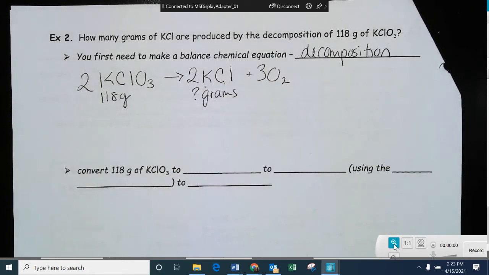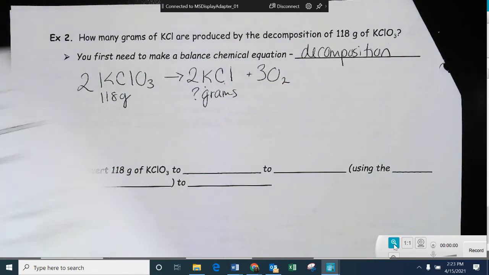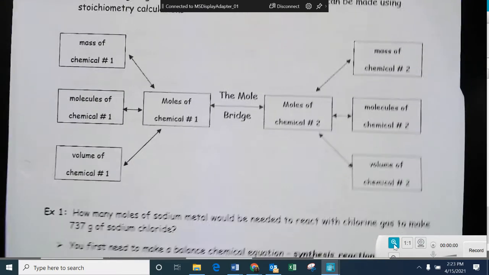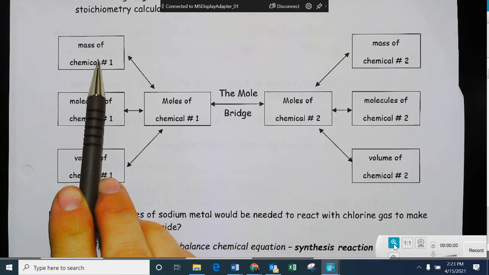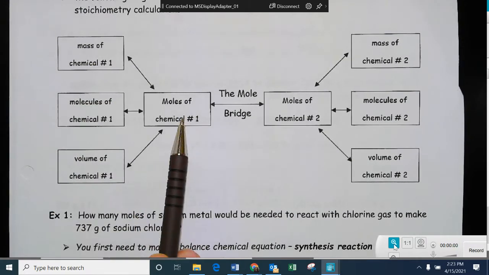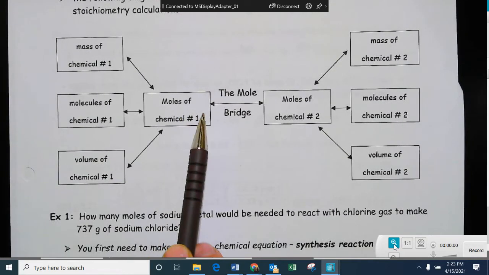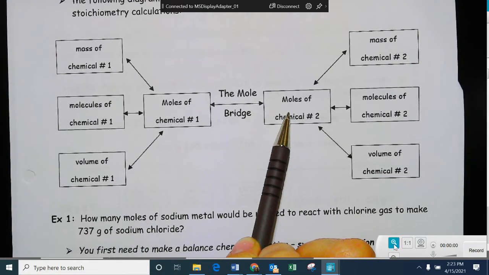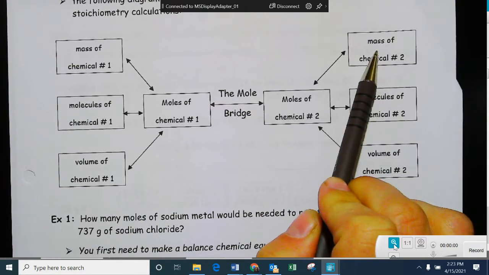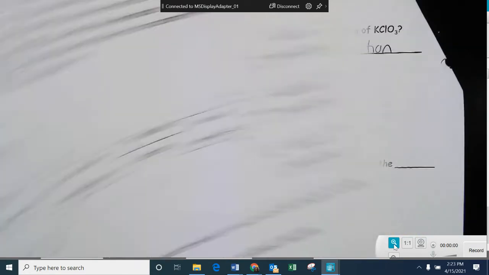So if I reference this chart on the first page that we looked at, chemical 1 here is the potassium chlorate, and we've got mass. So we're going to need to go to moles of potassium chlorate, use our mole ratio to get into potassium chloride, and then go to mass of potassium chloride.